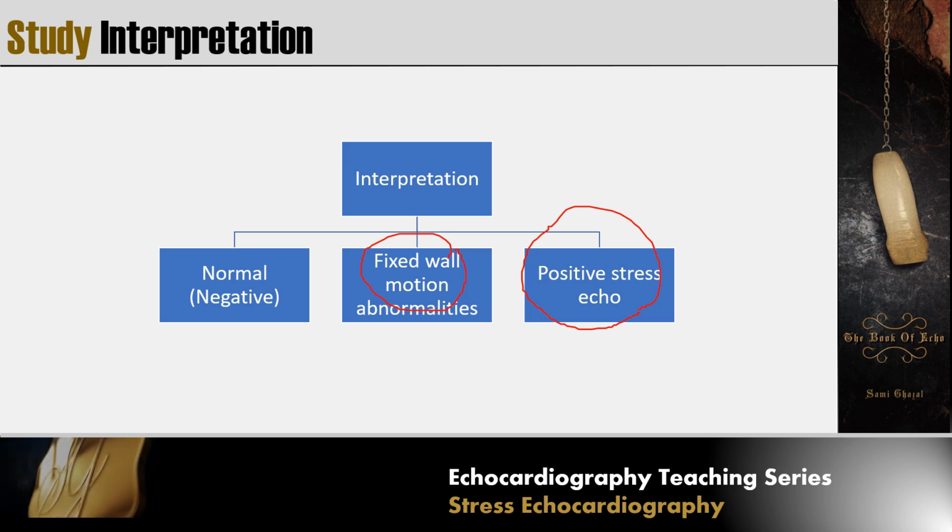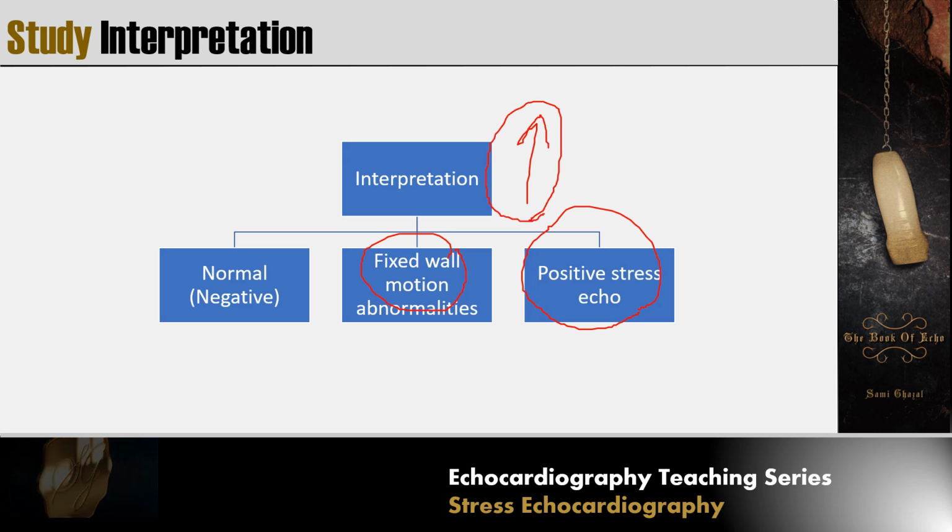Positive stress echo, when doing exercise, we consider positive when there is a new wall motion abnormality during exercise or at peak exercise, or worsening of wall motion at peak exercise. However, in dobutamine, we are looking for the biphasic. Biphasic is when at low dose there is improvement of the wall motion, so the wall is viable.